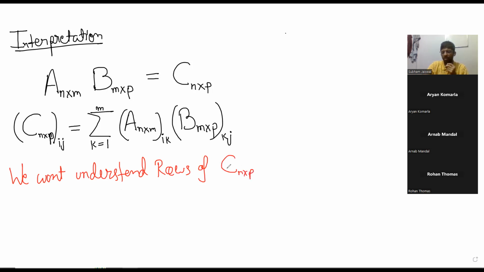Now I will stop writing the subscripts because they are understood. If anything in mathematics is understood by all, then we don't write it. That's how mathematics progresses. So we want to understand the rows of C. Maybe you can start drawing a picture. Let us say you look at the first row.